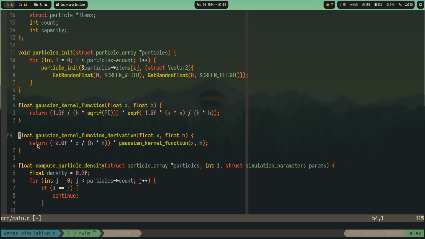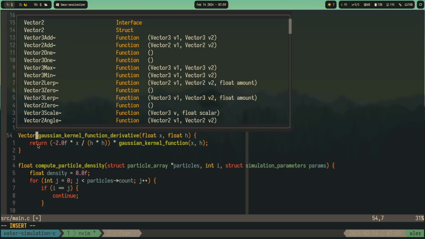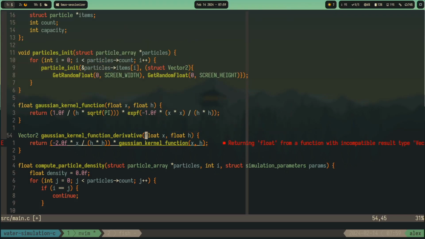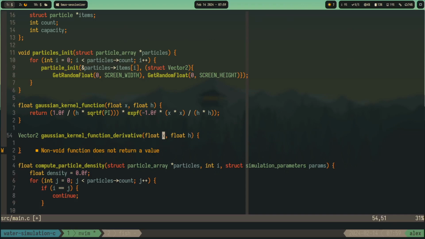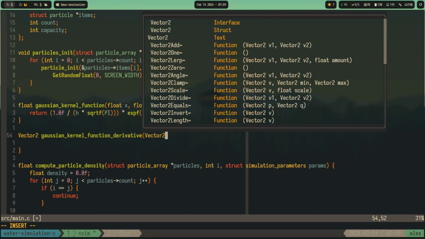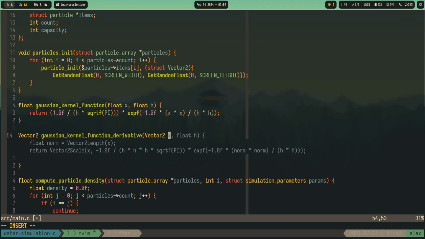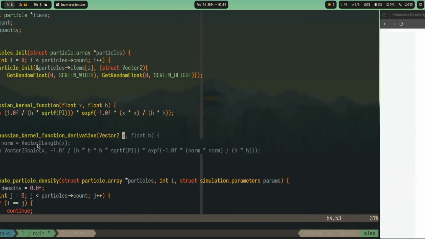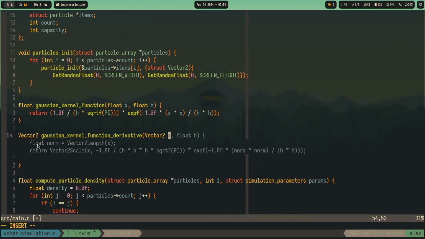So what if here we say vector 2 and here vector 2. Oh, it's vector 2 length to get the magnitude.